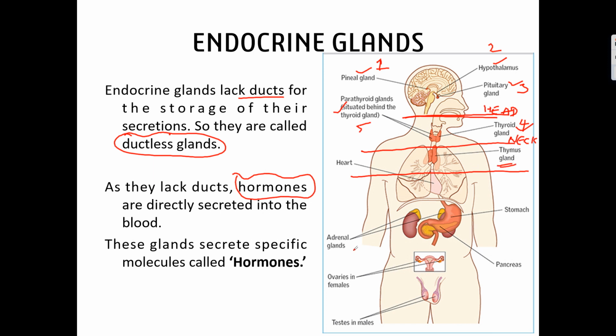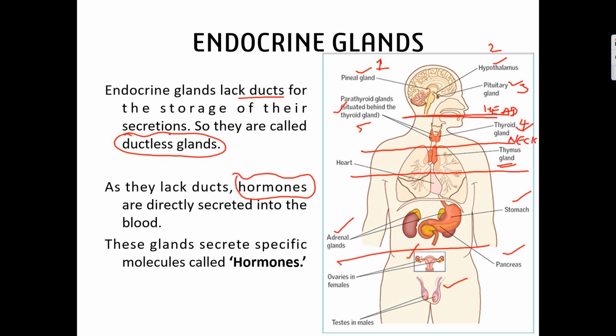Coming to the abdominal region, the region of the stomach, it contains the stomach, pancreas, and adrenal glands. Just below the abdominal cavity, there are the ovaries, and in the scrotum there are the testes. Both the ovaries and testes are themselves endocrine glands.